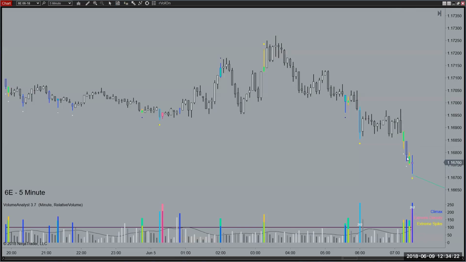And all of these bars, except for that one right there, is closing up off of its low, you see? So yeah, you've got a huge amount of market order selling, but you've got a lot of market order buying starting to come in right there on that bar.